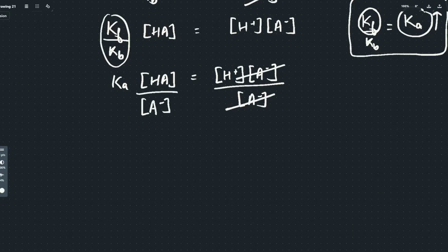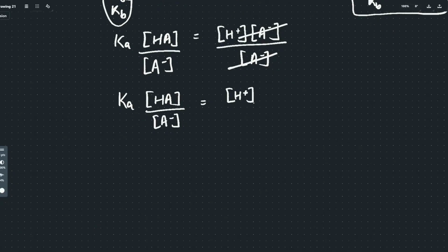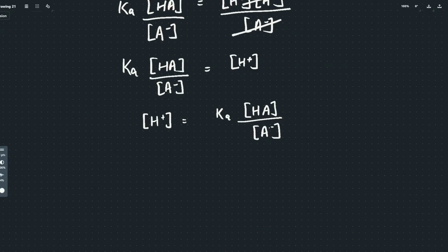So these two will cancel each other, and now we will have an equation like this over A negative is equal to H positive. Or we can reverse it. Basically we can also write it like this: H positive is equal to Ka, the dissociation constant, into HA, which is the concentration of acid, divided by A negative's concentration, which is the concentration of its conjugate base.